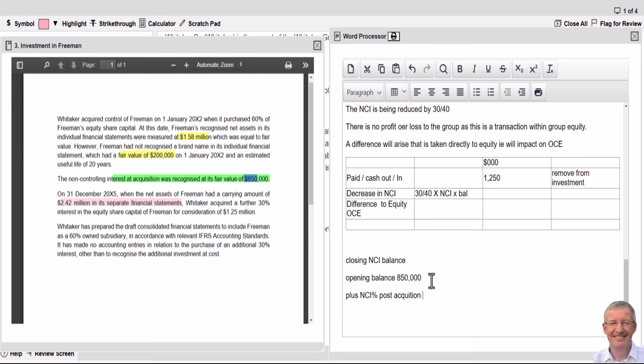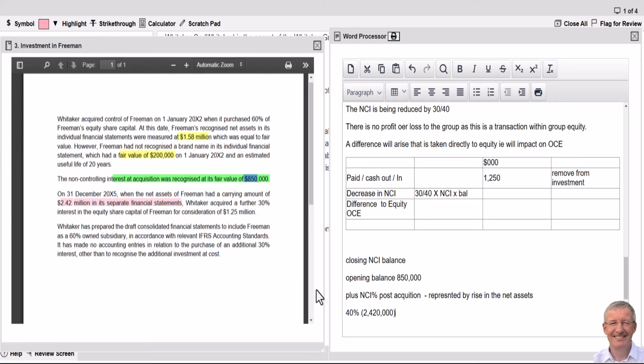Now the NCI share of the post-acquisition is going to be as represented by the rise in the net assets. The NCI percentage is 40%. The year-end net assets that we have got at the moment is 2,424,000.